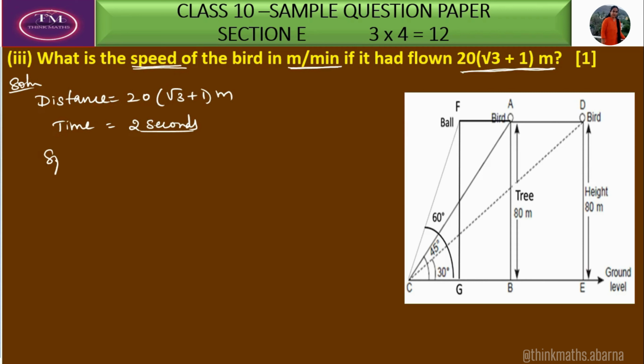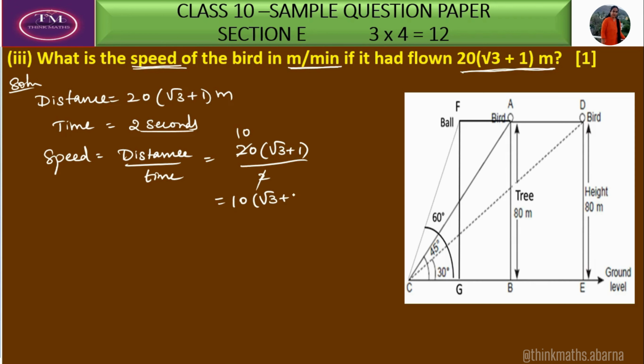So what is the speed? Formula: speed is equal to distance by time. So it is 20 root 3 plus 1 divided by 2. Time is 2, so 10 2s are 20. So we will get 10 root 3 plus 1. It is in meter per second.